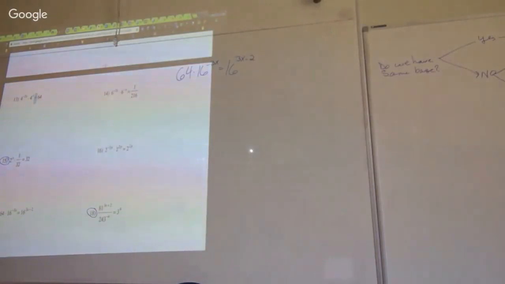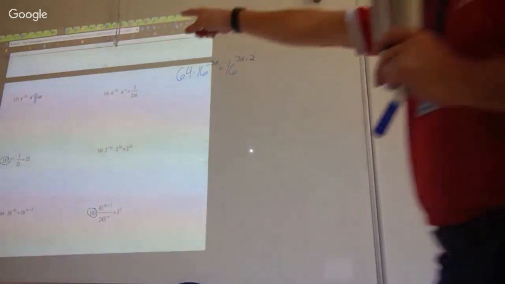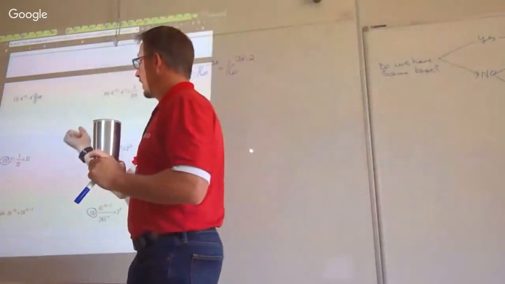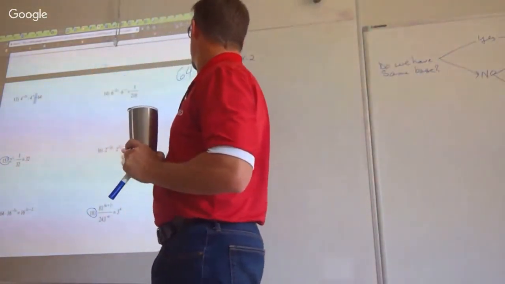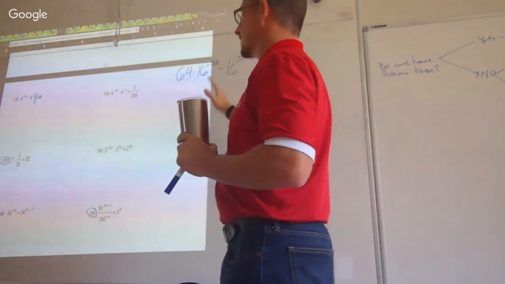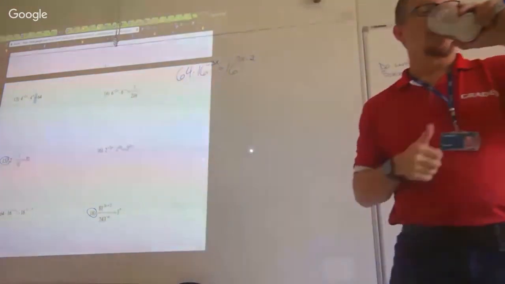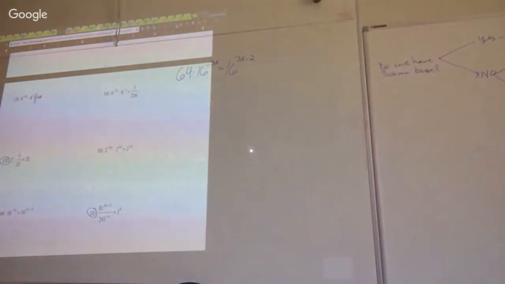Exactly what we did. Take a look at the one that we just looked at. We've got a 64, 16, 16. We kind of do have the same base, because we have 16.